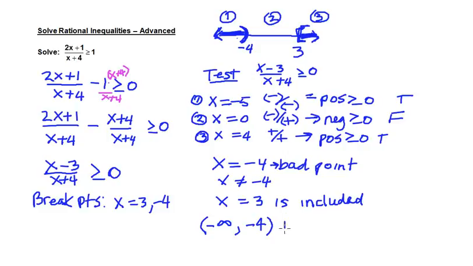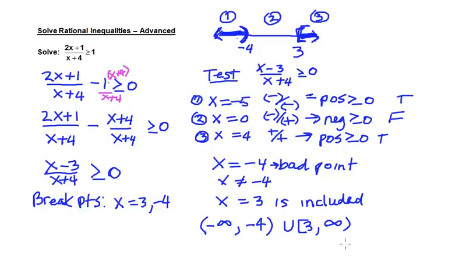That's the first interval, and then union. We take a look now at the second interval, which begins at +3, but with a square bracket on the left, indicating that the point 3 is included, extending up to +infinity.